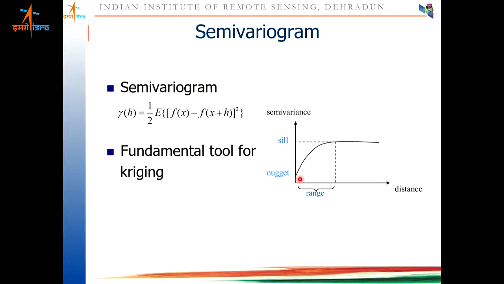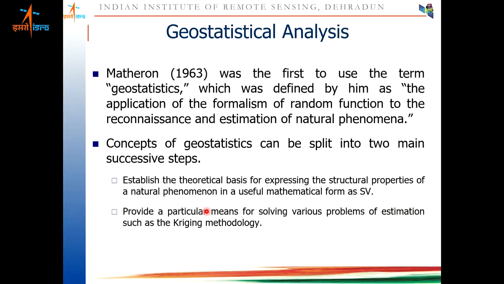But a theoretical function needs to be fitted between semi-variance and distance. There are models like spherical model, exponential model. Whichever model is best fitted in this distribution, that is considered as semi-variogram function, and that function is used as a fundamental for Kriging interpolation.